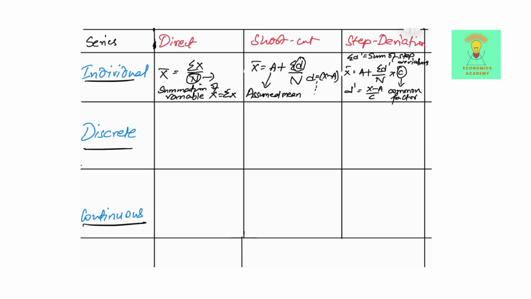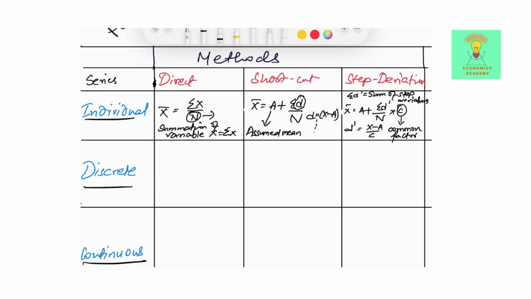Whereas in shortcut method, x bar equals a plus summation d by n, where a is the assumed mean, d is the deviations of the variable from the assumed mean, and summation d is the sum of deviations of the variable from the assumed mean.